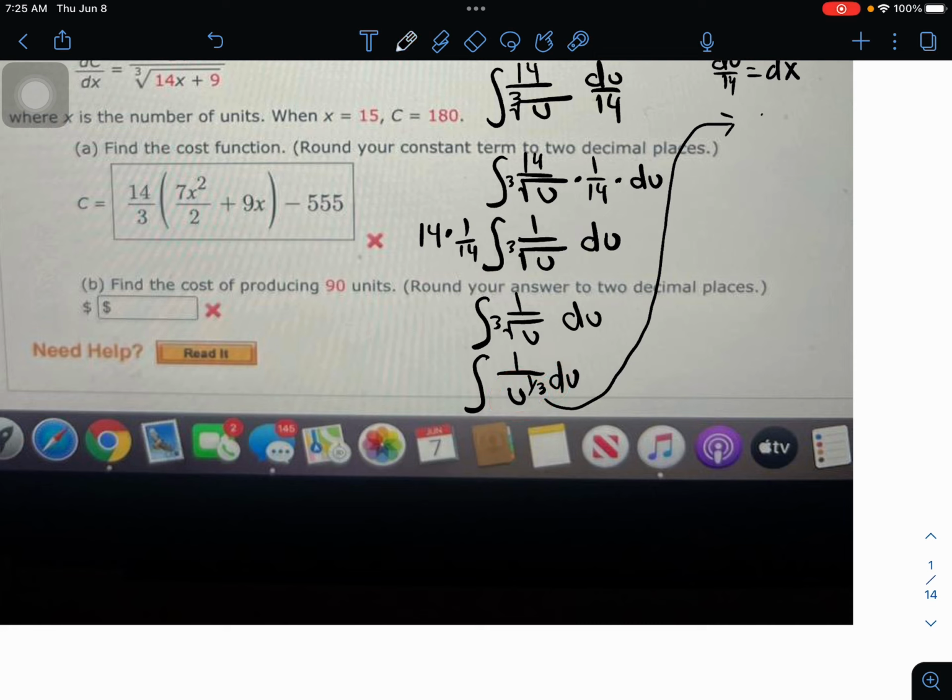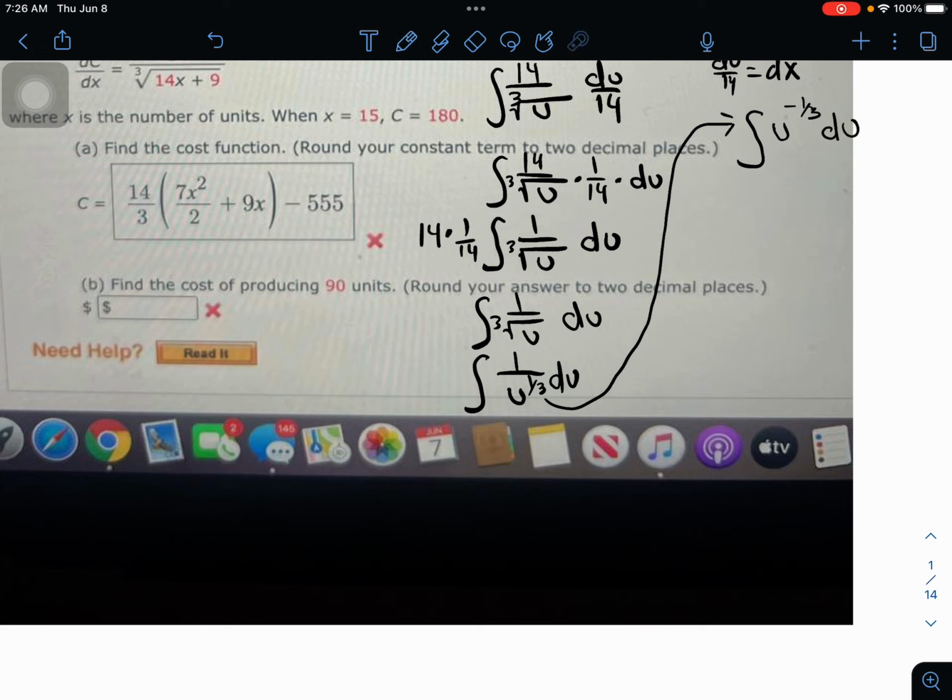So it's going to be the integral of, I'm bringing that 1/3 to the top, u, but when I bring it to the top of my fraction, that exponent becomes negative. Negative 1/3. Okay? So all I did is I took this from the bottom and I brought it to the top, but in so doing, the 1/3 becomes negative. So it's u to the negative 1/3 du.